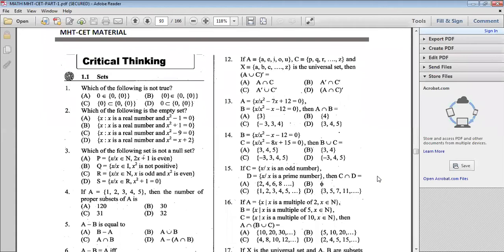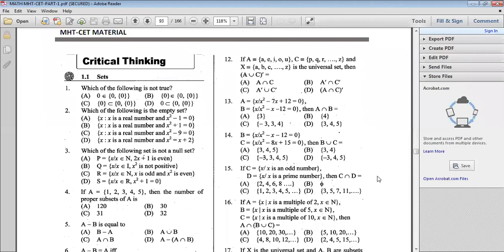It is a null set, because as I told you in the sequential series, the nth odd number is represented by 2n plus 1 or 2n minus 1. If any number is in the format of 2x plus 1, that represents an odd number, but they have given even. That's why it is an empty set. So that is not our answer.